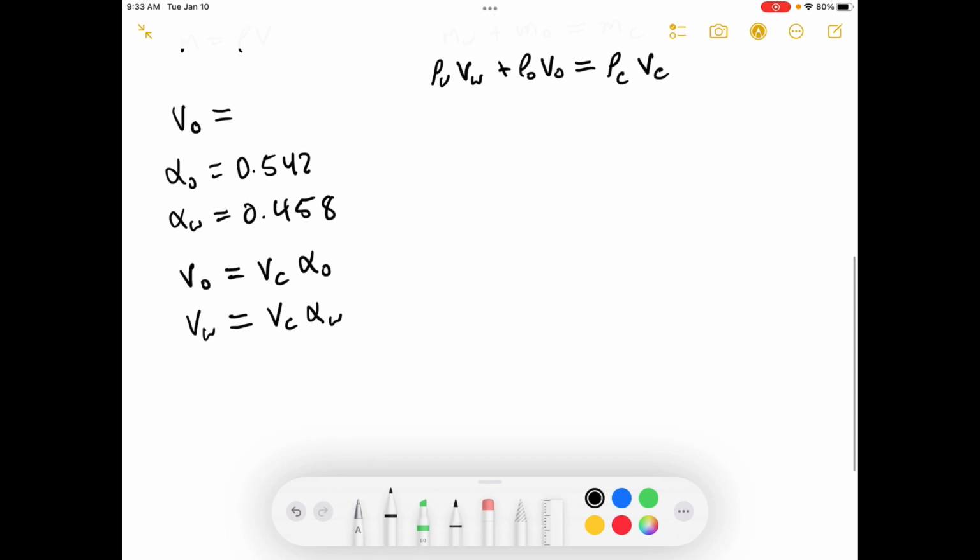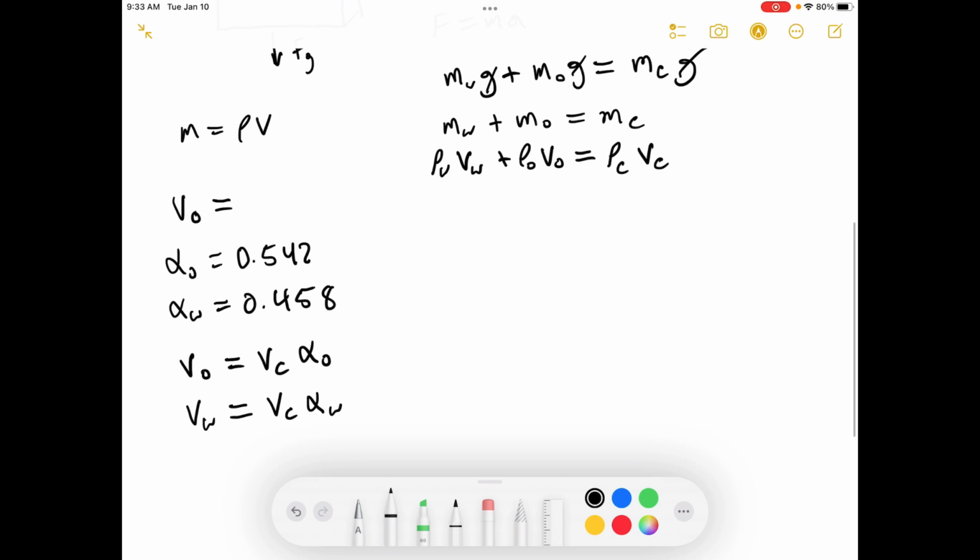Okay, so let's substitute these values in for the volumes displaced. So we can put it in terms of things that we know and potentially cancel out the volume of the block, because they didn't give us the volume of the block, which means that it's probably not necessary to know what the volume of the block is in the problem.